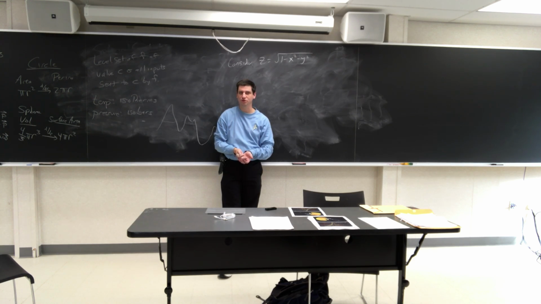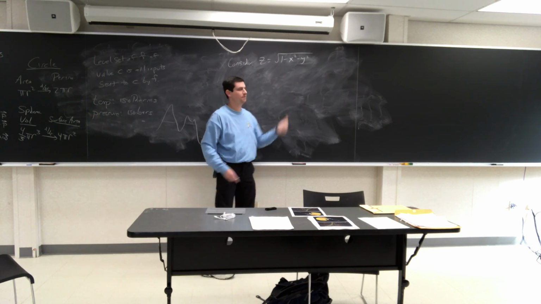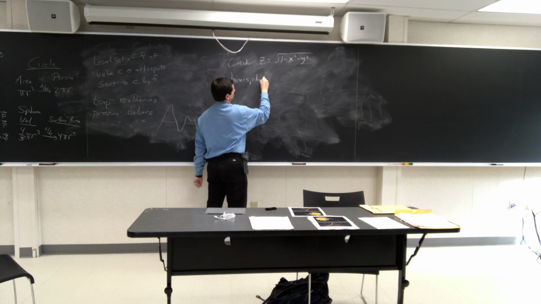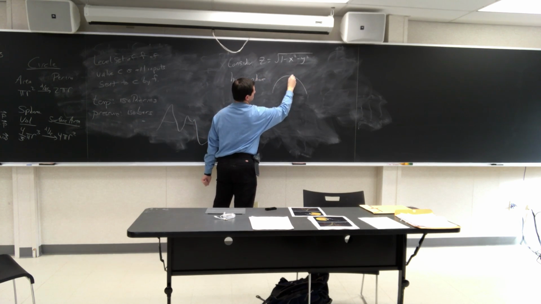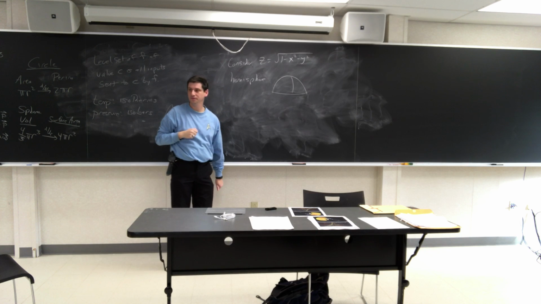Donut? No, it's close to a sphere, but does this have negative z's? So it's not a full sphere, it's a half sphere, a hemisphere. It looks something like this.